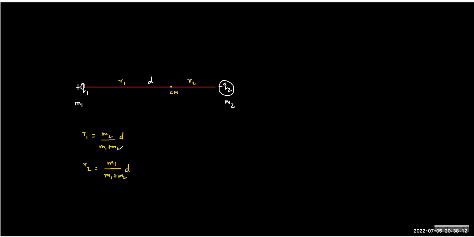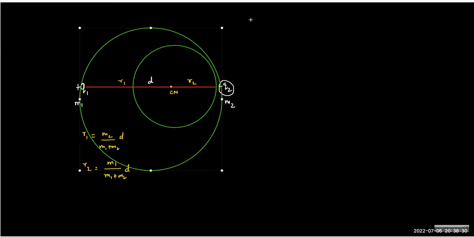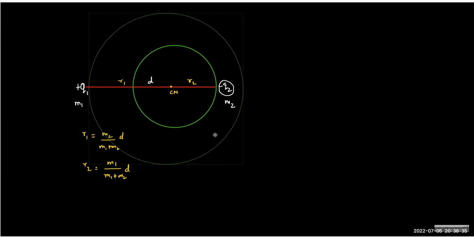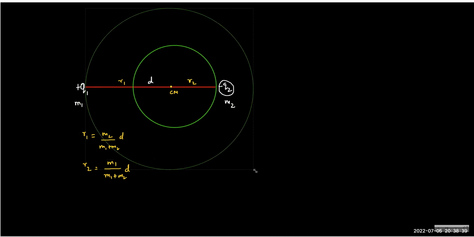So if we have the R1 and R2 values known in advance, no matter what the radius of the circle is, the center will be common. So these all will form concentric circles, right?